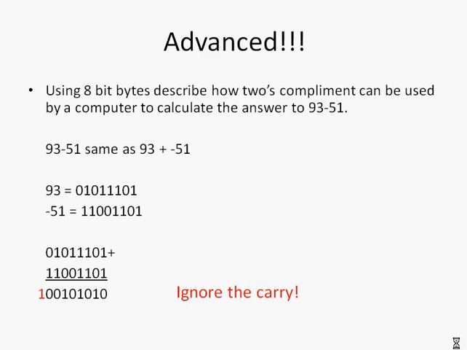And that means you ignore the MSB, the very first bit. So you come out with your answer, which is 00101010, and you can double check that. 93 take away 51 is 42 in denary, and the binary equivalent of 42 is the same as the answer we've got. So that's right.